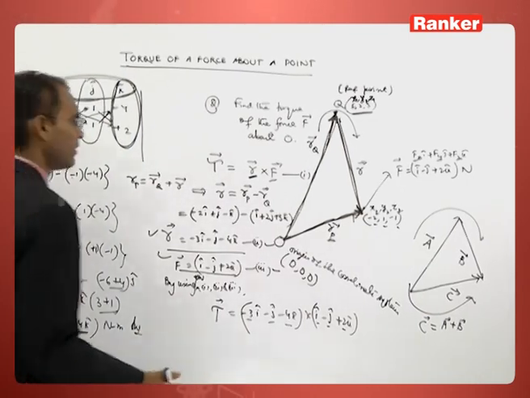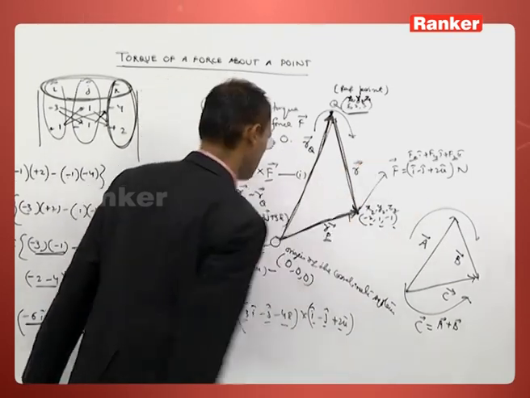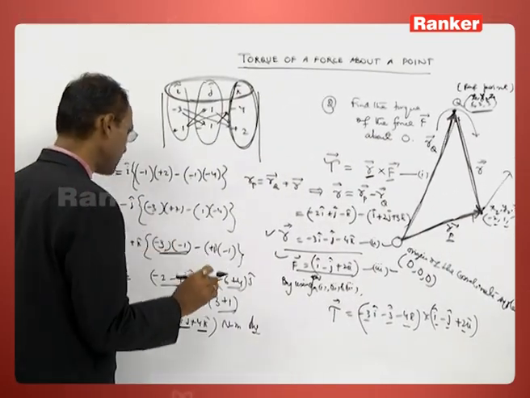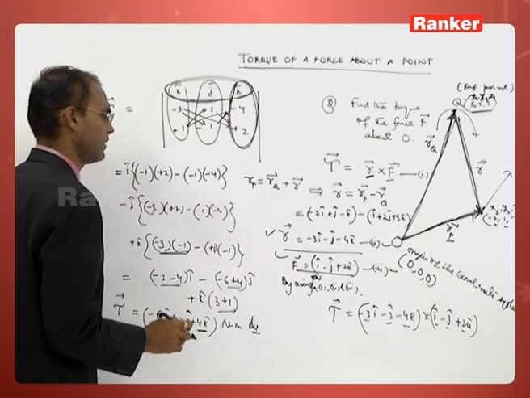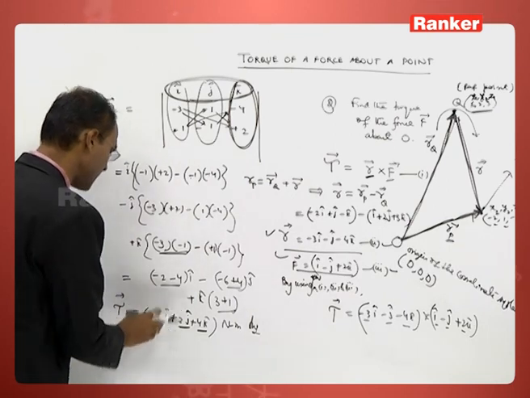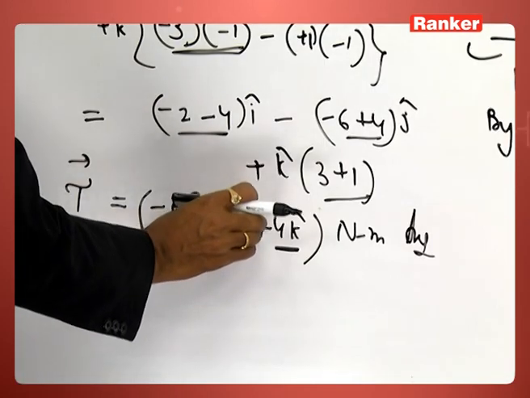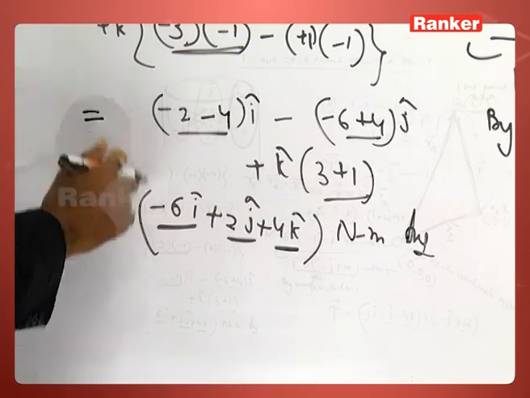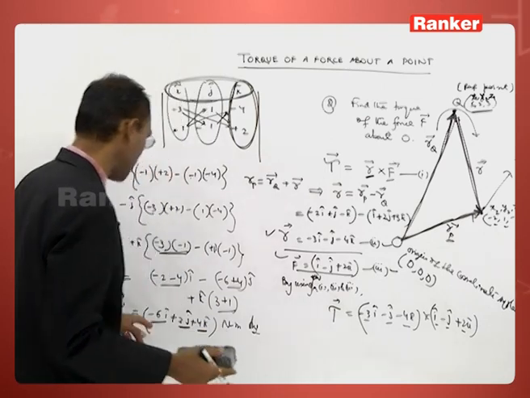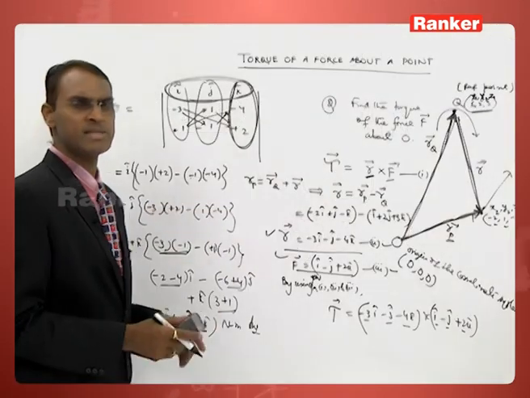Then you have to cross multiply these two vectors r and f, and you are getting something into i cap plus something into j cap plus something into k cap. That something you will get after tabulation, and we can call these the projection of the torque, or the component of the torque, about or along x axis, y axis and z axis respectively.